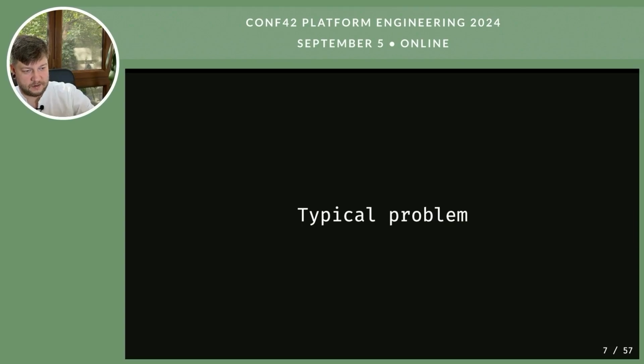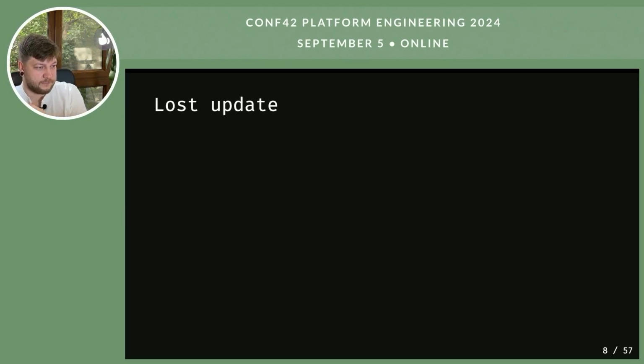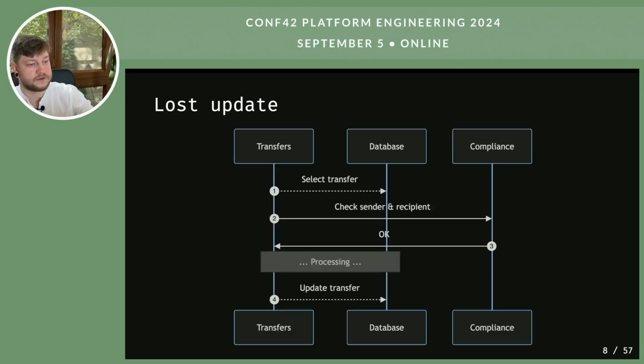Where is the problem? Of course, there can be many problems in terms of compliance, operations, finance, and so on. But we will review only one technical problem today. The problem is lost update. Let's take a look at the diagram. What happens here? When the transfer system receives your payment, we should find the proper transfer in the database.